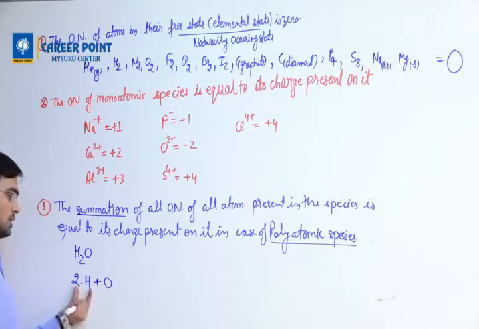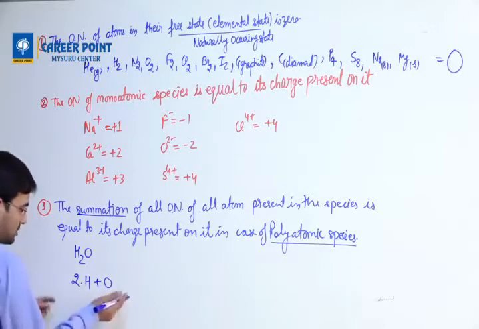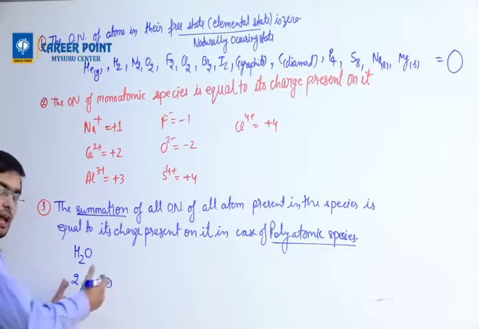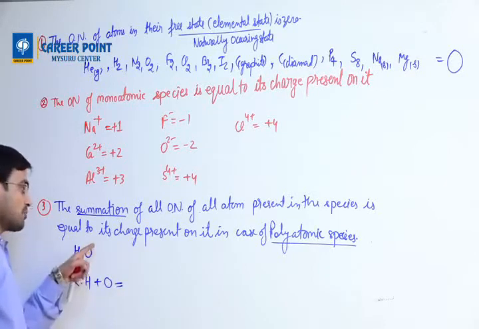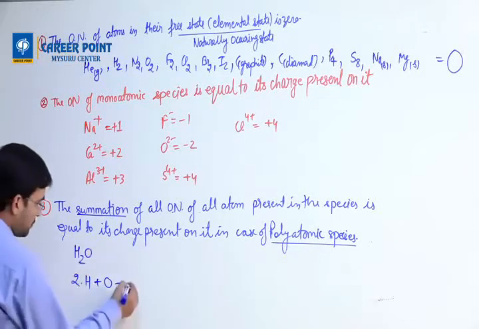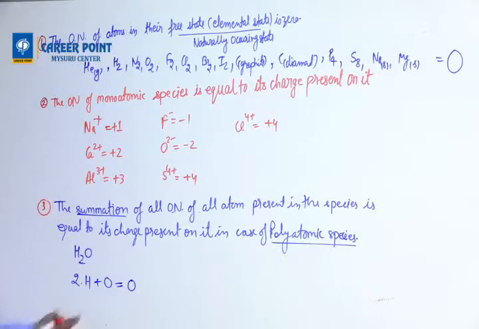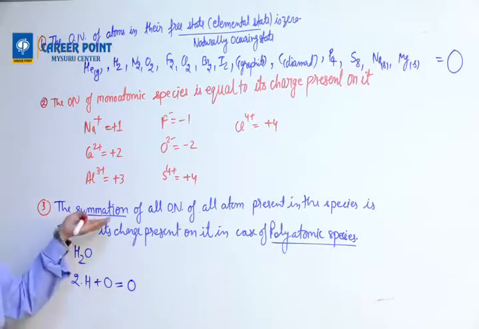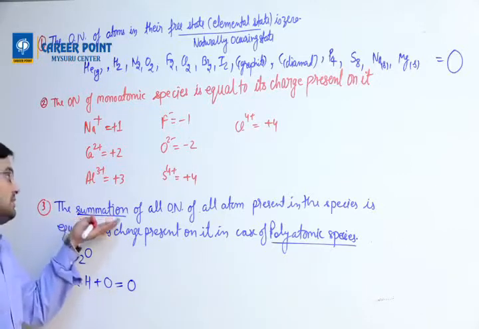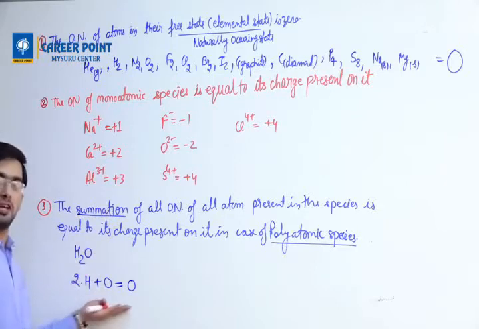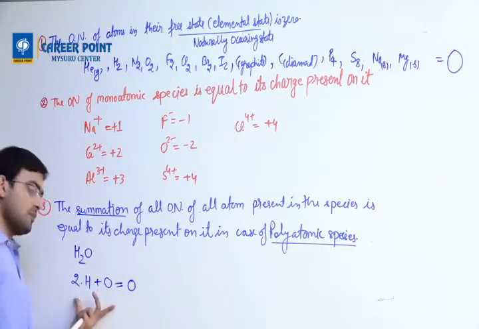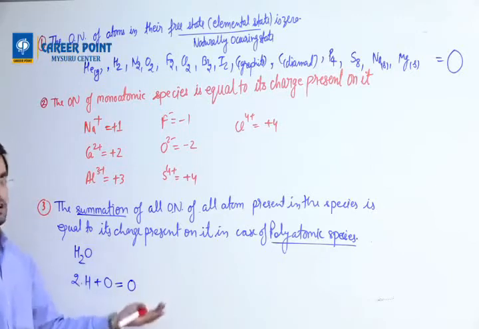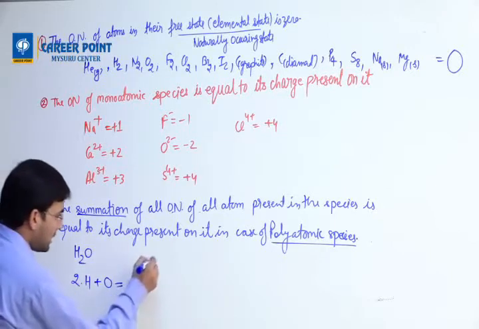All these oxidation numbers added is equal to the charge present on this species. What is the charge present here? 0. This rule will give you an algebraic equation which relates oxidation number and the charge. This is for H2O.